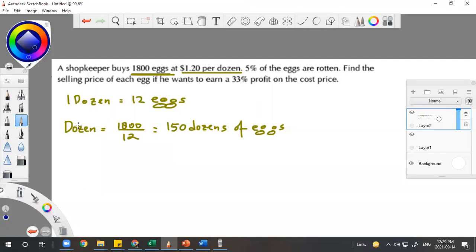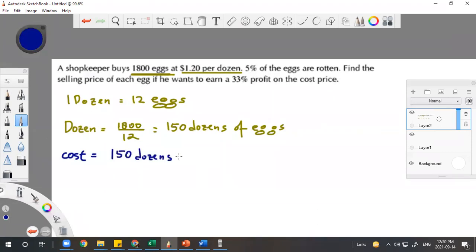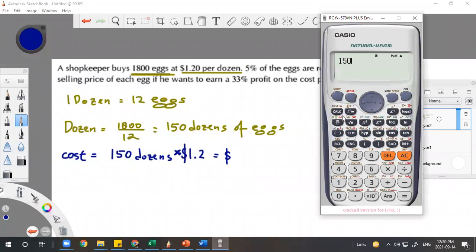So what is the cost price? You have to calculate it first. The cost price will be 150 dozens times the price of 1 dozen. So he has to pay this amount of money in order to sell. That's right. Thank you, Vincent.